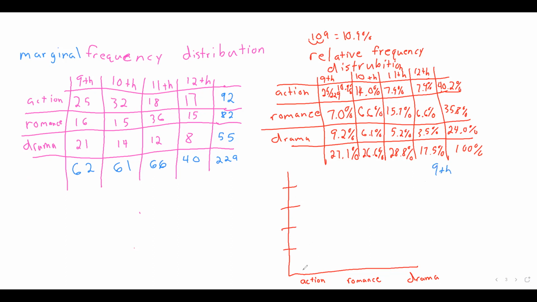Action for 9th was 10.9%. I suppose I should label my y-axis. This is 20% here, so each line is 10%, 40%. Romance for ninth grade was 7%. And drama was 9.2.